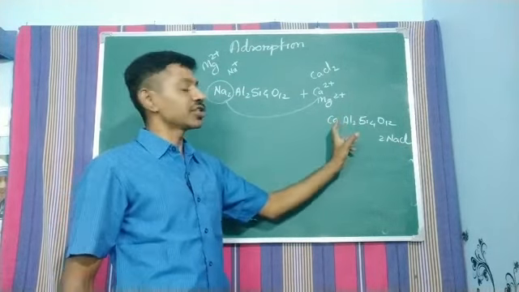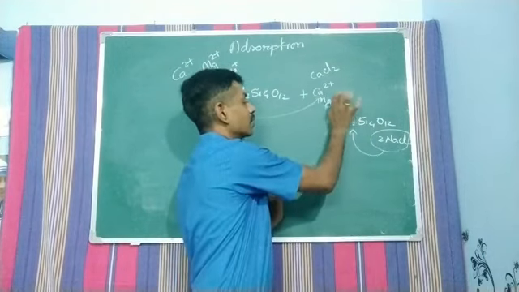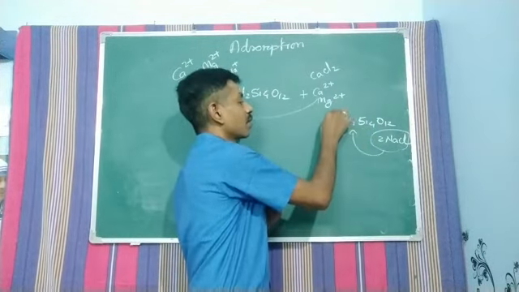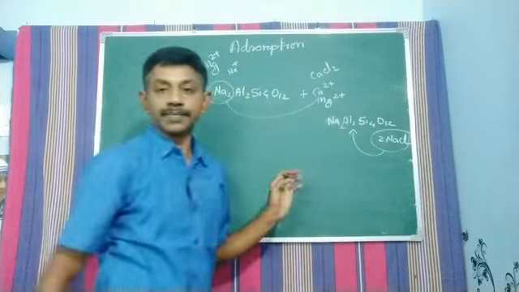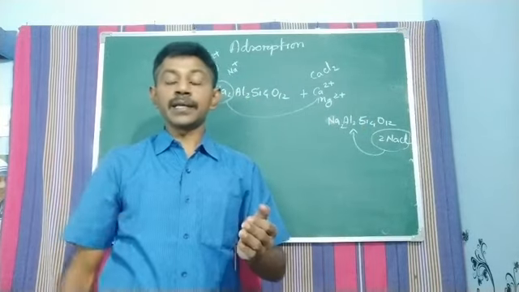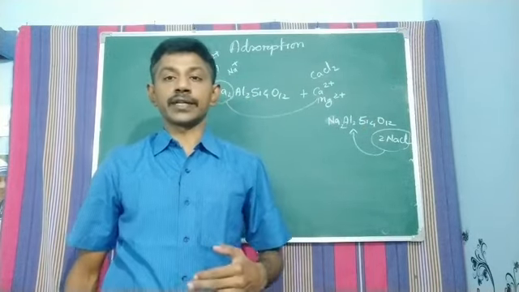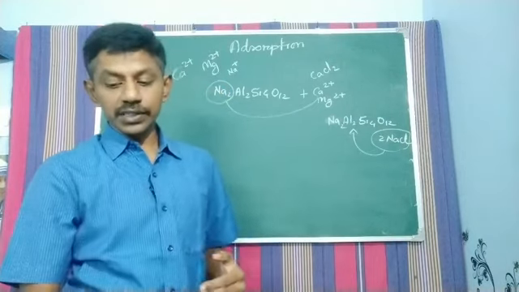So the same process in the reverse direction you can try. You just add a salt solution into the permutit. The calcium ions will be replaced with the sodium ions. Then the permutit can be regenerated. So this is one of the methods.